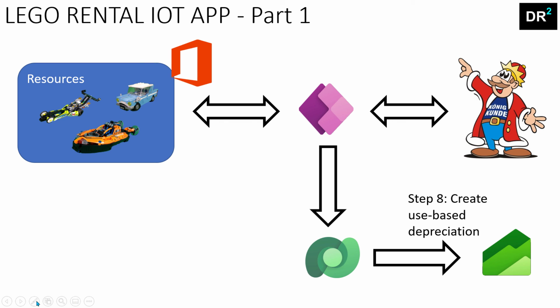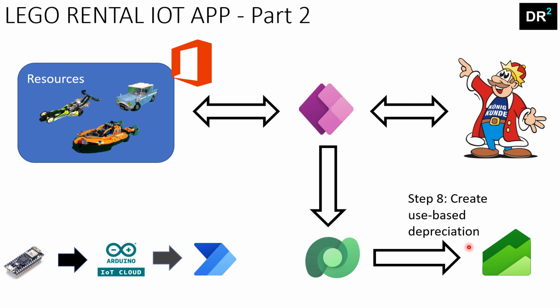So in the first blog post I showed you how we can set up resources and show them in a standard Power App where a customer can then rent these vehicles, and then we transfer the rental data to Dataverse, and then we do something like creating invoices or creating use-based depreciations.